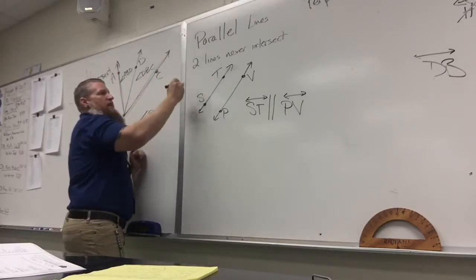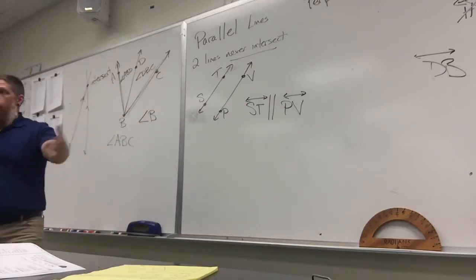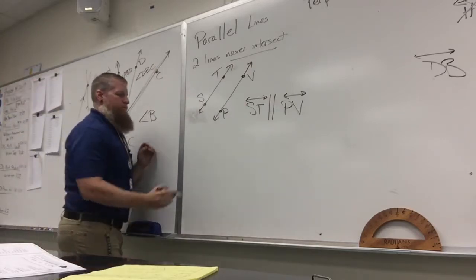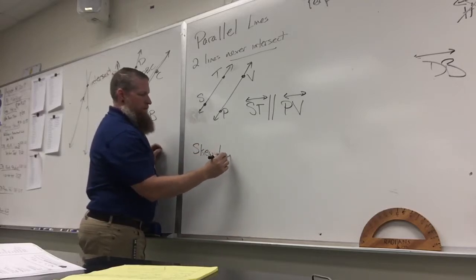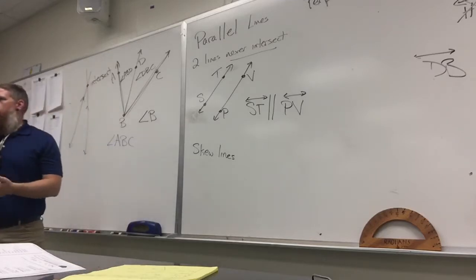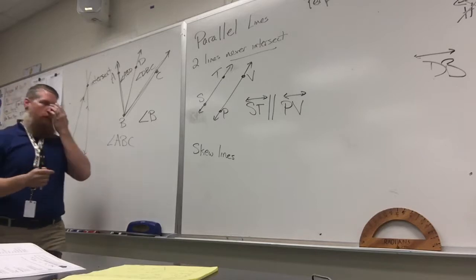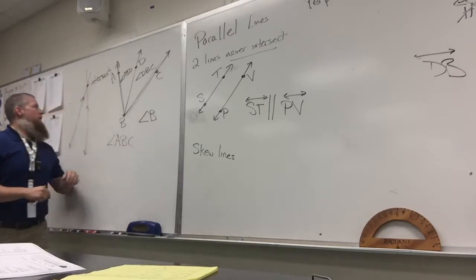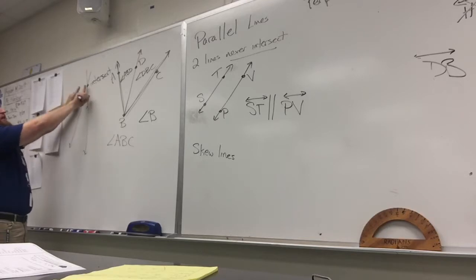If I were to take this idea and throw it into like a 3-dimensional plane, you would also see a thing called skew lines. You can write this as like a side note. Skew lines, they never intersect also, but they go different directions. So, like, if I wanted these two to be skew lines, the only way they would cross and not touch is if you like lowered one below the other one.